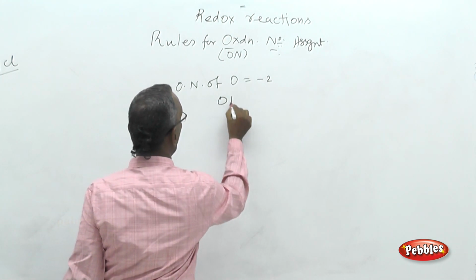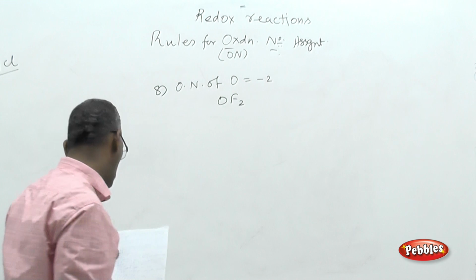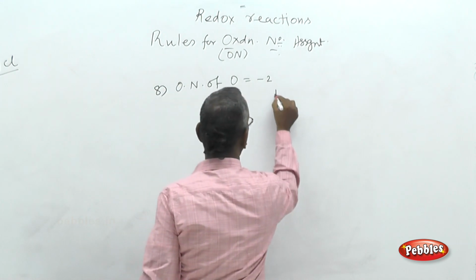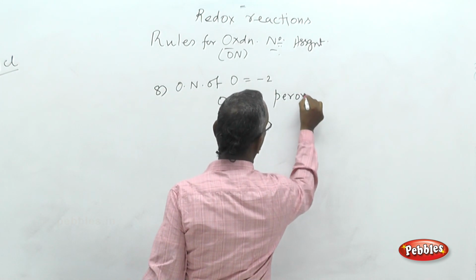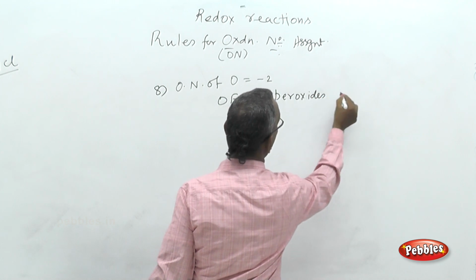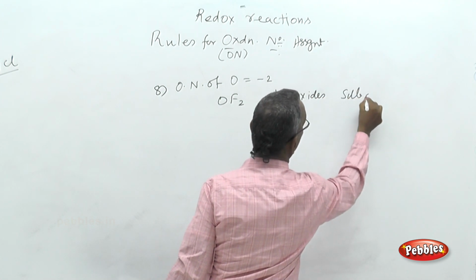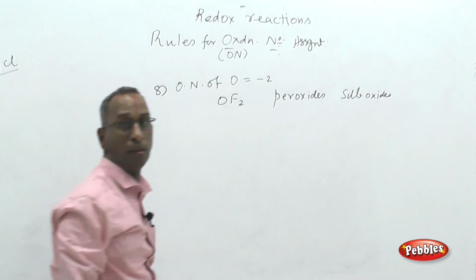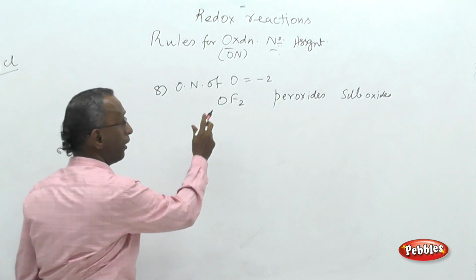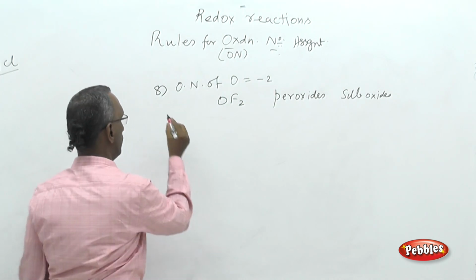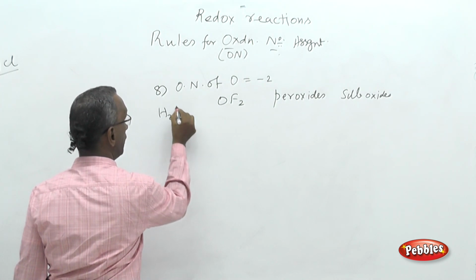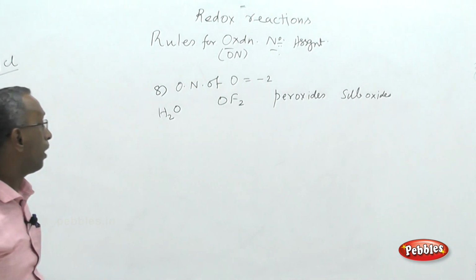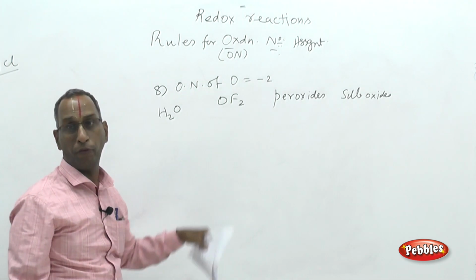Important exceptions are compounds like OF2, peroxides, and suboxides. Here we have written OF2. So already we have to distinguish between water and OF2.